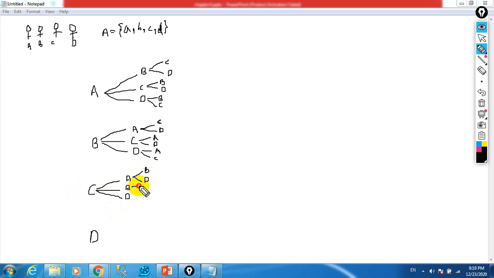Next we have the combination of C, D, B as the A, D combination, so I will take A and D combination. C, D as the A, B combination, so I will take A and B combination.